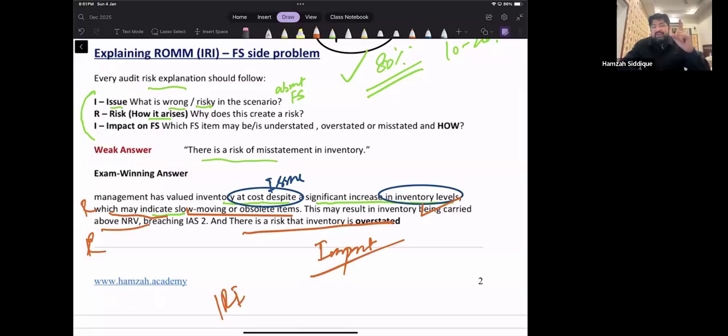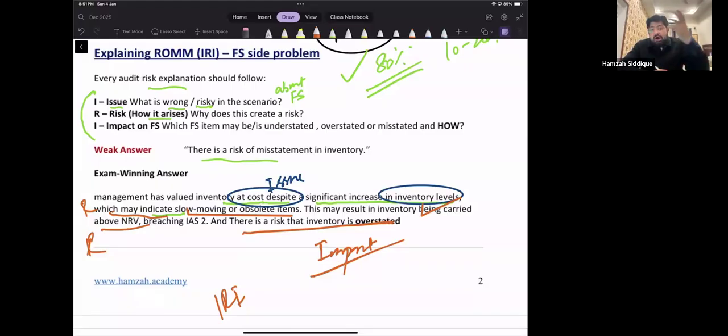This is the risk; how will you explain? Three things. For example, another student writes, management has recorded inventory at cost and it may not have the same value, so inventory may be overstated.